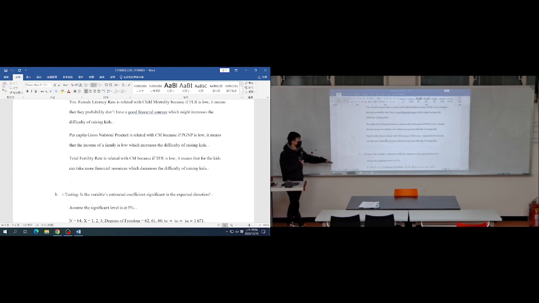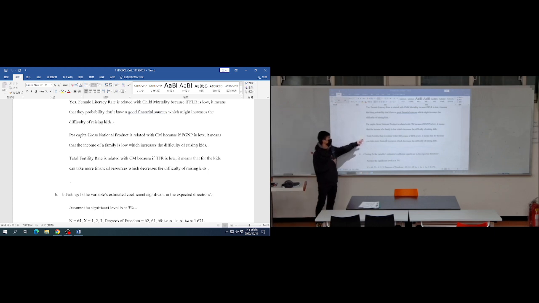TFR can be explained as how many kids each woman has. So if the number is low, which means each woman only has one or two or maybe three kids, then they can put more financial resources into each kid, which will decrease the difficulty of raising a kid.